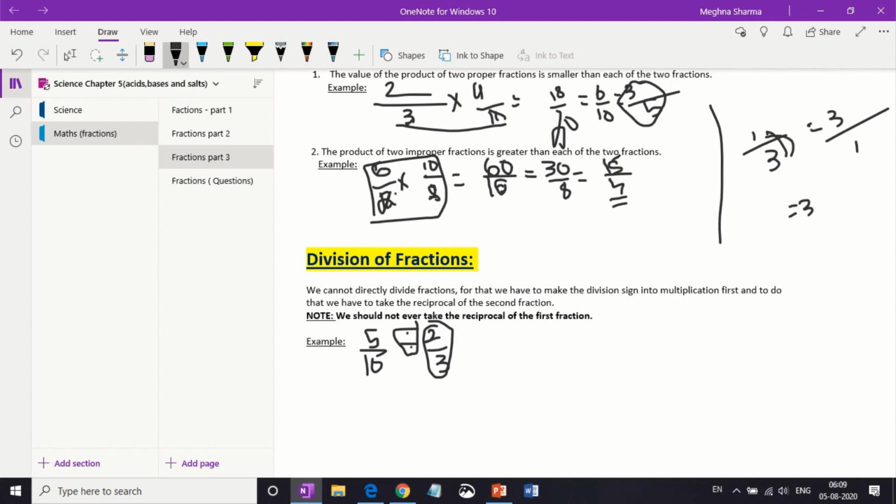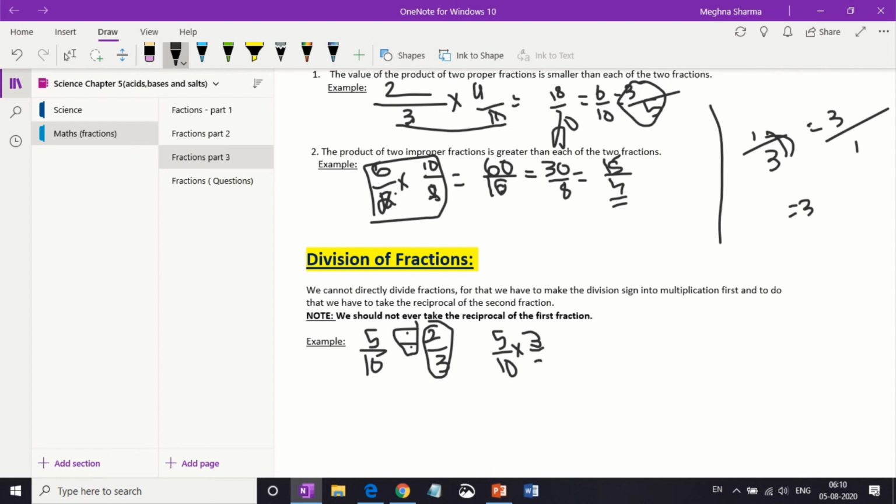In this case, the 2 by 3 fraction will be changed into 3 by 2. Now you can change the division into multiplication: 5 by 10 multiplied by, not 2 by 3, but 3 by 2.